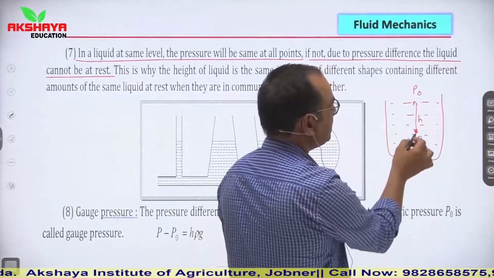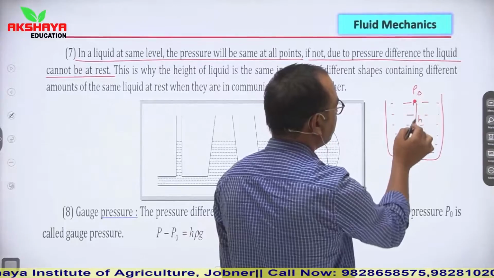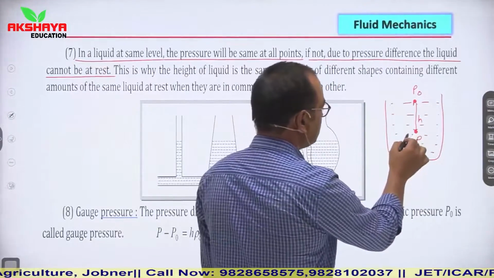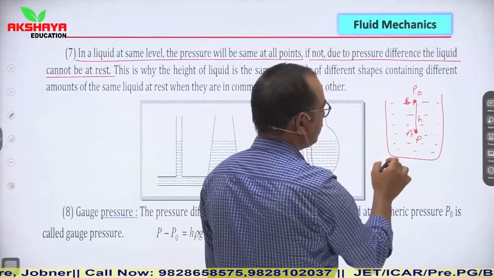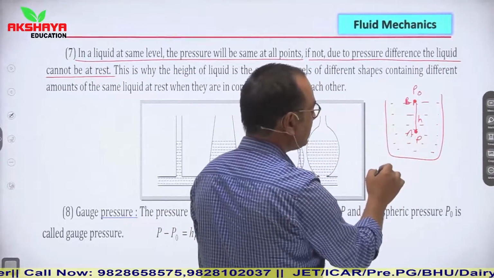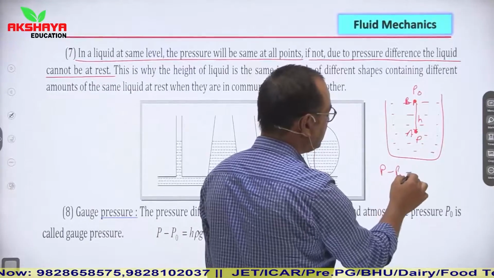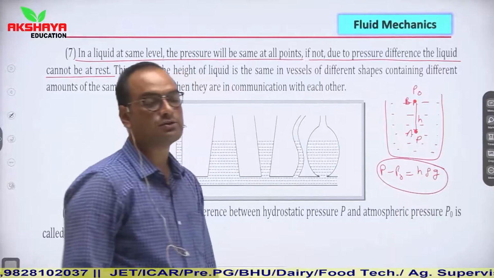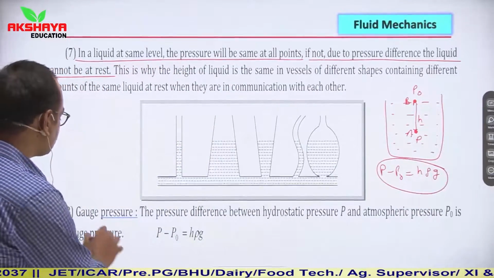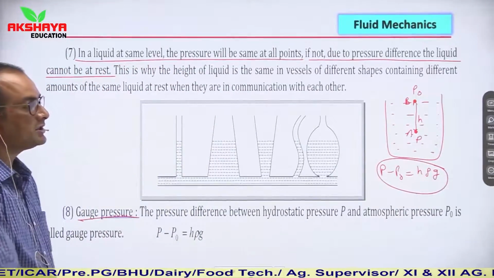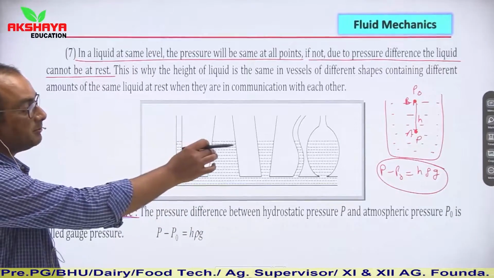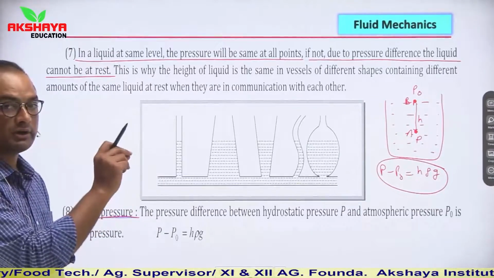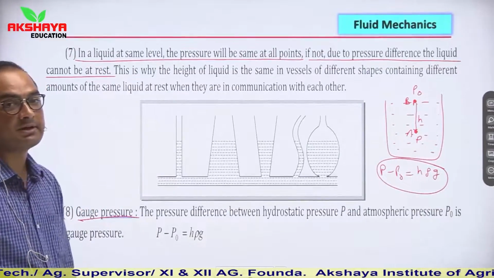So it is the pressure difference between these two points, the point at the surface and the point inside the liquid. Let us say this is point A and this is point B. So we can say PA minus PB, or P minus P naught, is equal to H rho G. So this pressure difference, which is also known as gauge pressure, is P minus P naught, which is equal to H rho G. Here H is height, rho is density of liquid, and G is gravitational acceleration.